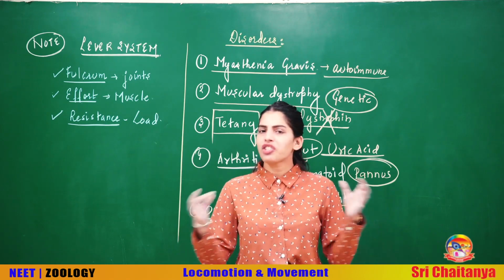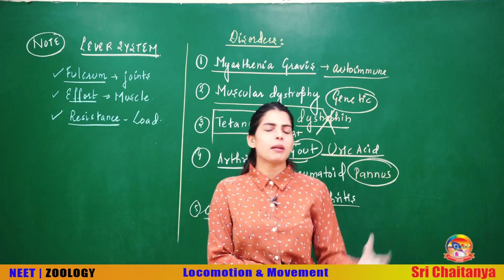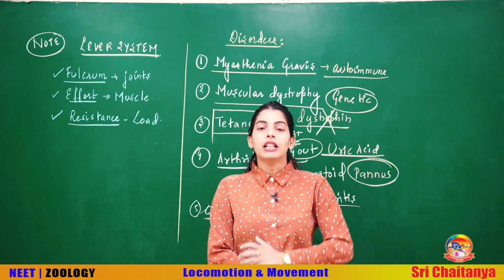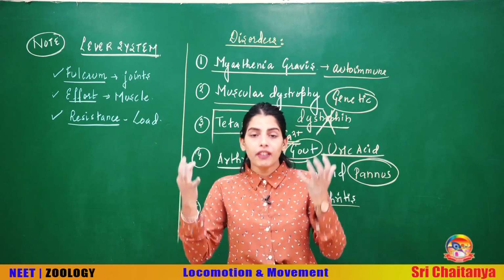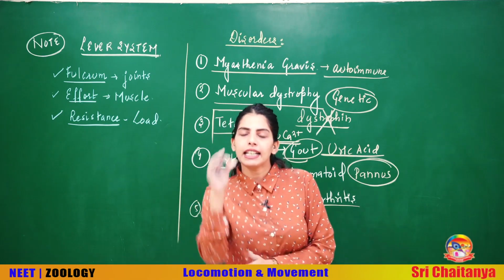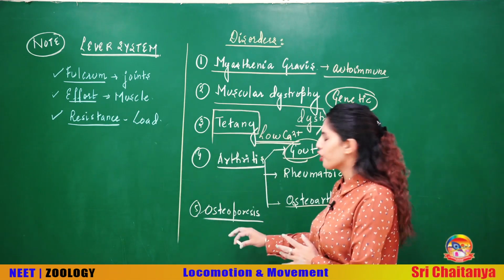So, maybe because of deficiency of vitamin D, which helps absorb the calcium, or maybe because of an imbalance of calcitonin and parathormone, or because of overactivity of parathormone, which takes all the calcium out of the bone, it creates the pores. That problem is called osteoporosis.